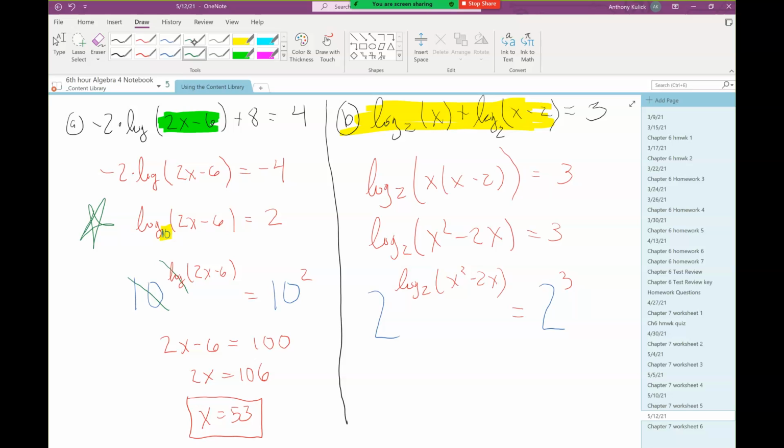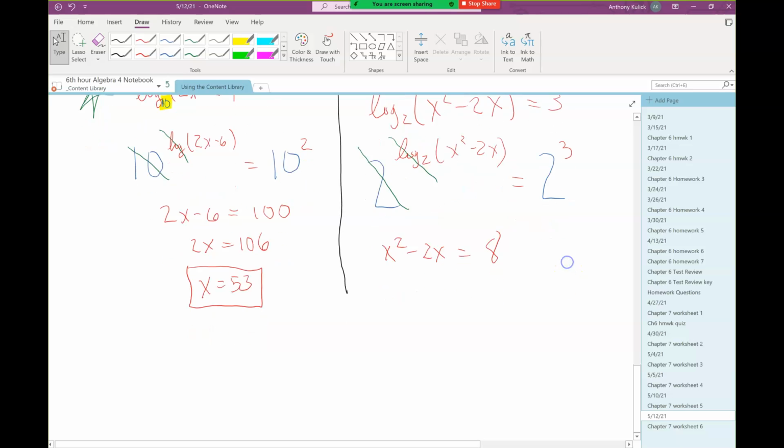And the reason we pick exponent base 2 is because that one specifically cancels log base 2. Let's write just, instead of 2 to the third, I'm going to write 8. So what kind of an equation are we now left with?